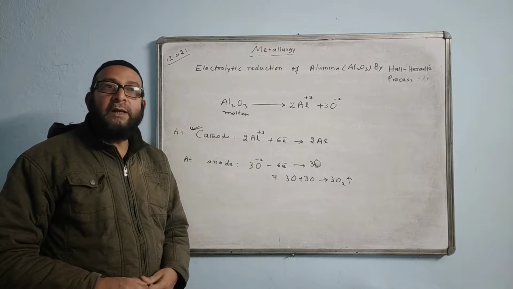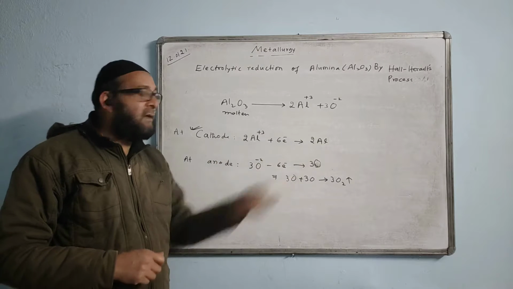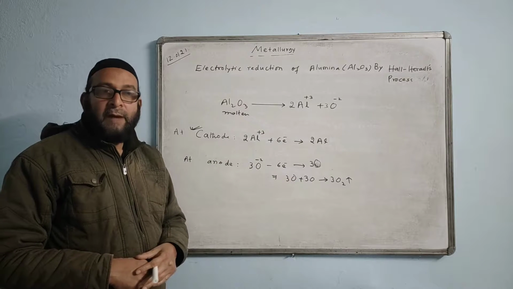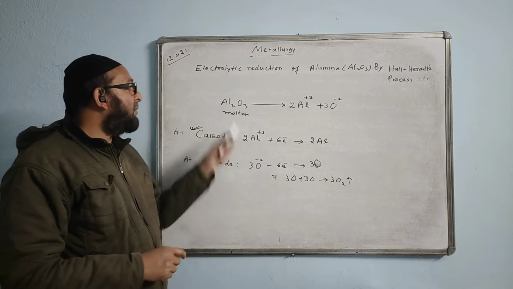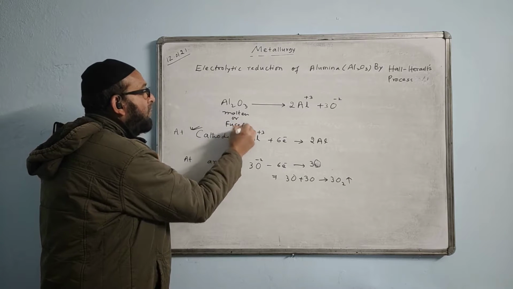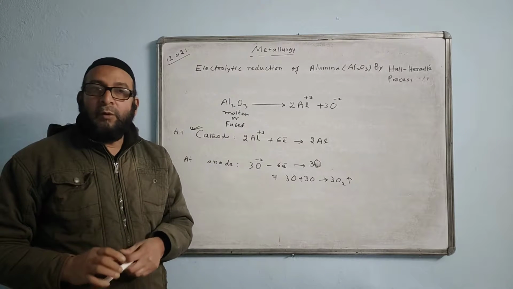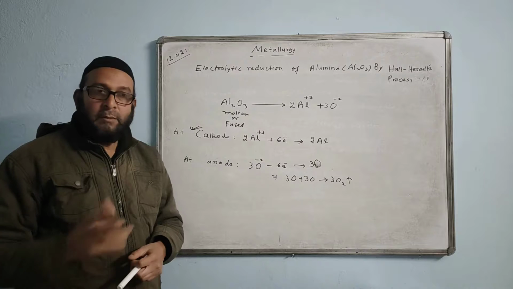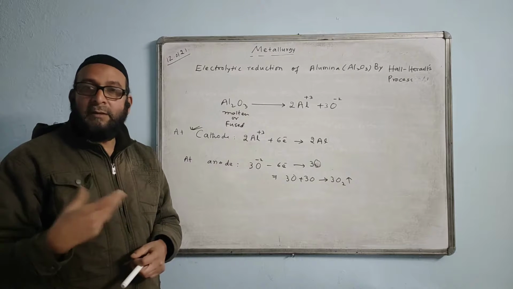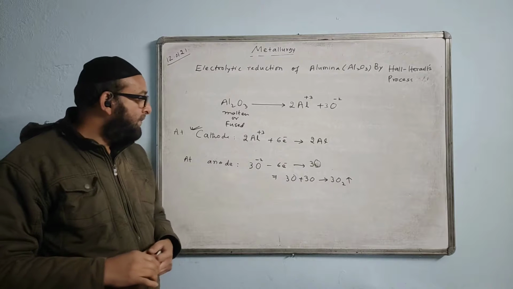So usually we ask you to write down the reaction taking place at the cathode. The cathode reaction we write like this. And we are doing the electrolysis of molten or fused alumina. Fused means molten only, in the melted state. In liquid form we are doing the electrolysis.